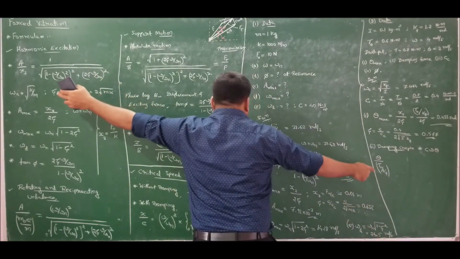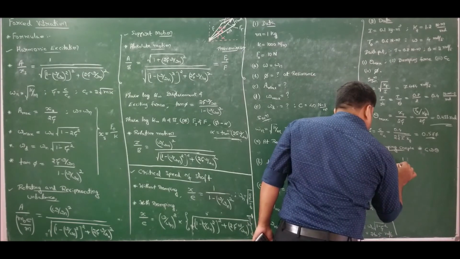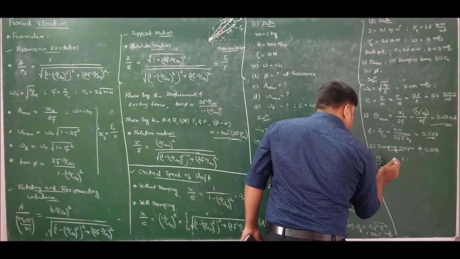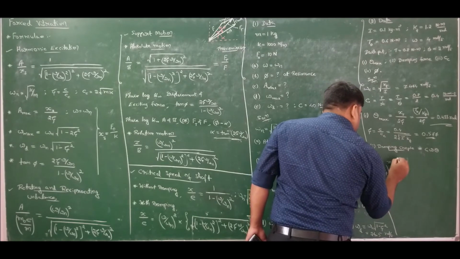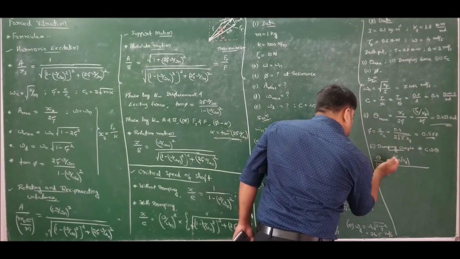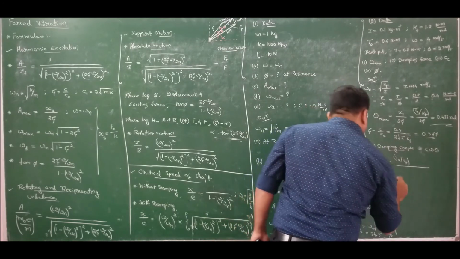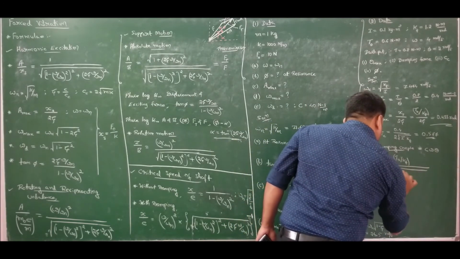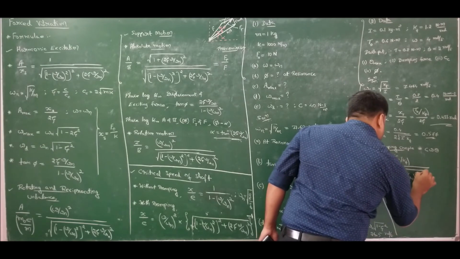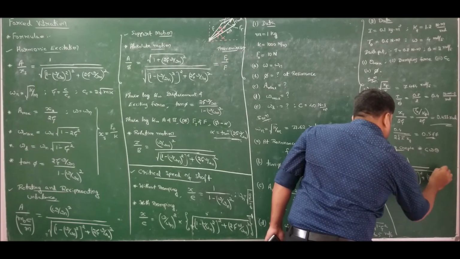So theta by xs should be equal to 1 divided by root of (1 minus (omega by omega n) whole square) plus (2 zeta omega by omega n) whole square.